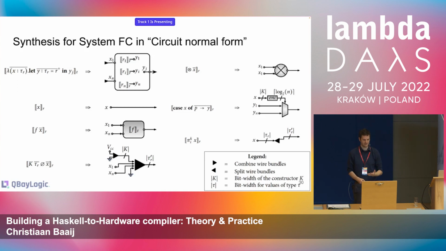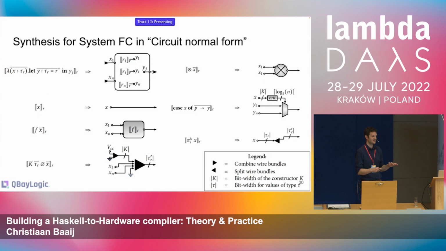And function definitions are again, so we create a box for the function application, right? So we create a box for the function that we are instantiating, and then we go inside of that and translate it. And yeah, top right, applications of primitives.